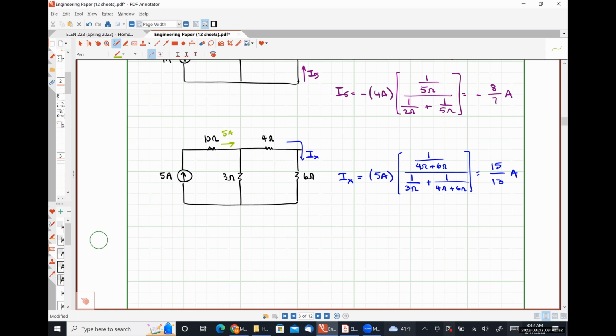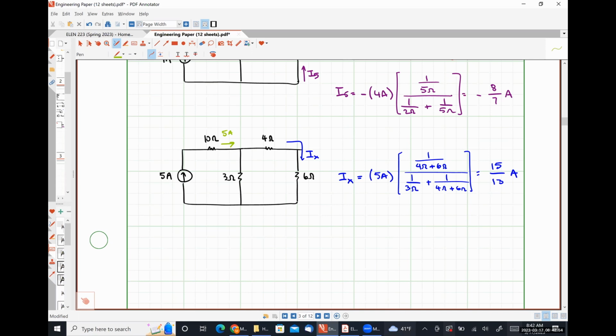So effectively what we're saying here is that since the current doesn't have an opportunity to split, the 10 ohm resistor shouldn't show up, right? Because current division requires the current to split among parallel resistive paths. Exactly right. Great question.